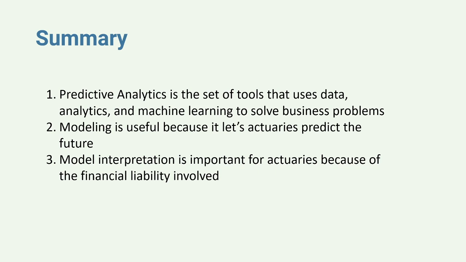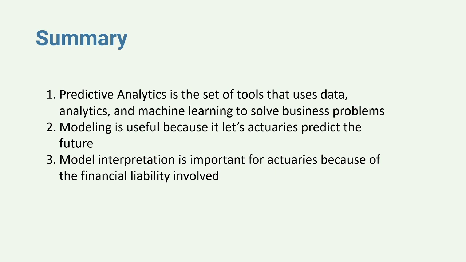Finally, we saw that model interpretation is important for actuaries because of the financial liability involved. If my credit score suddenly decreases, I can look on my credit report and get a reason. They'll usually say my length of credit was not long enough, or I missed a payment recently.